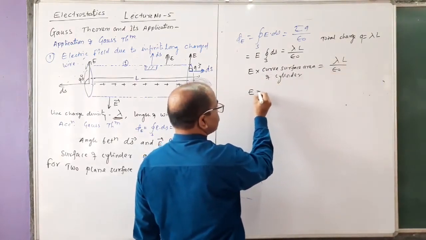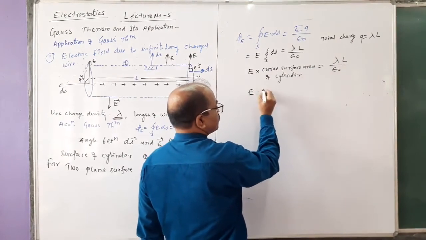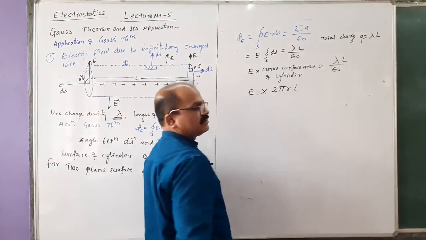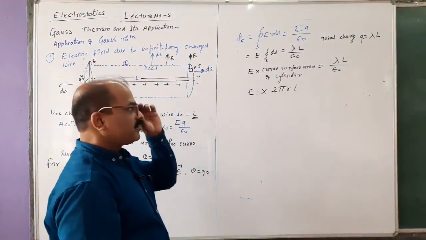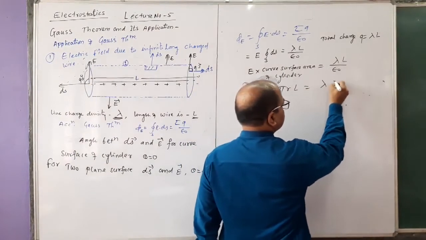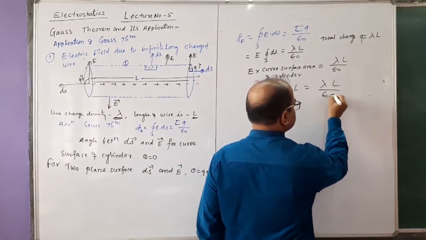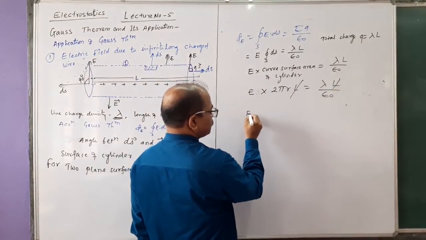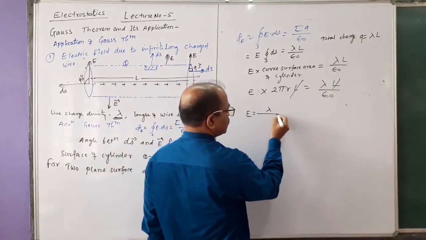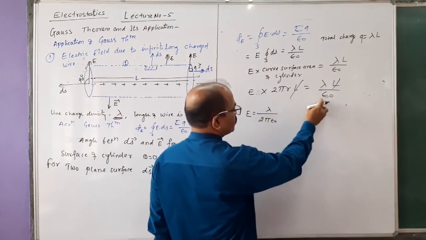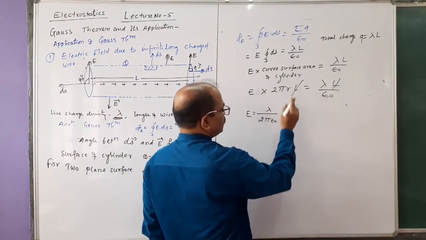So E into curved surface area क्या आता है? 2 pi r into L, 2 pi r circumference into the length equal to lambda into L divided by epsilon naught. This L gets cancelled. So E equal to lambda divided by 2 pi epsilon naught, और क्या गया फिर?